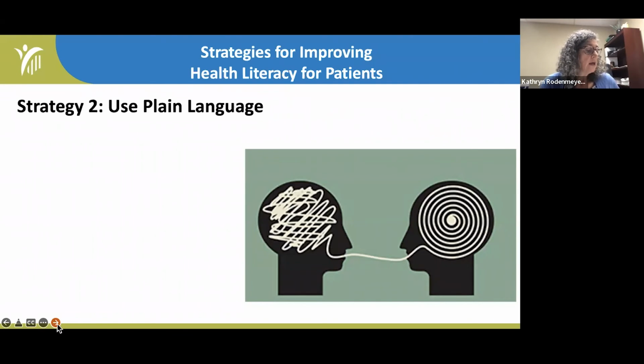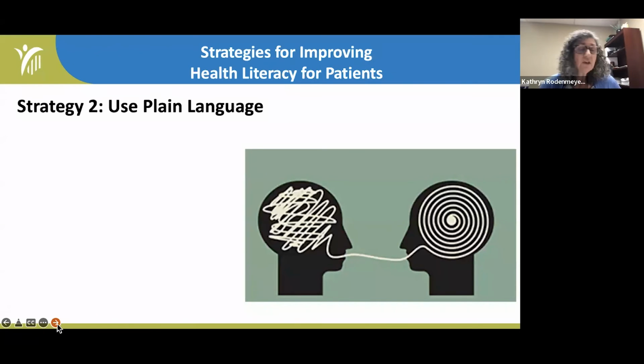One strategy is to use plain language in your communication. Plain language, which is also called plain writing or plain English, is communication that your English-speaking audience can understand the first time they read or hear it. Using plain language makes it easier for everyone to understand and use health information.